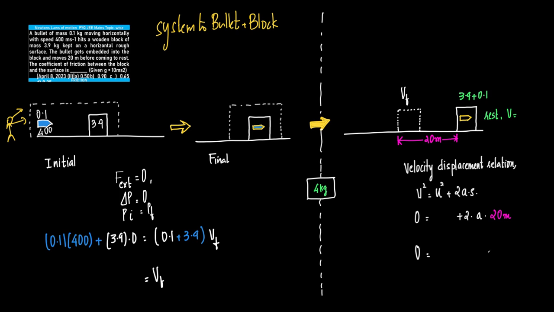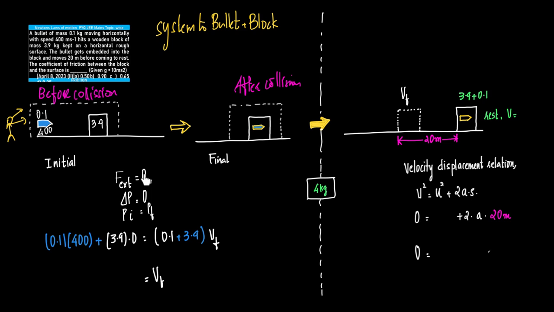So what we have here is the initial condition. What is initial condition? By initial I mean before what? Exactly before collision. And by final condition I mean after collision. And between this initial and final conditions, that is between before and after collision conditions, we know that the net external force acting on it is 0.